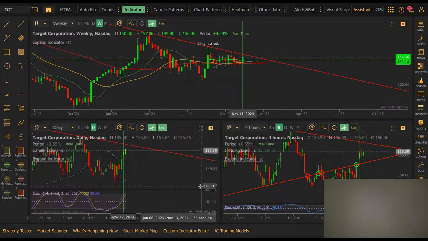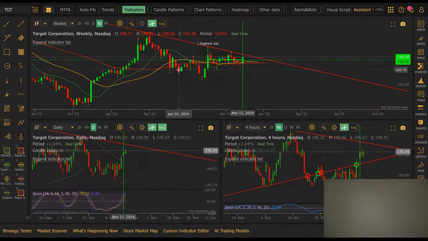I am aware that it was right around here. So once it broke from that, what was a support line is now a resistance line. I'm still looking for TGT to continue going up on a strong trend.